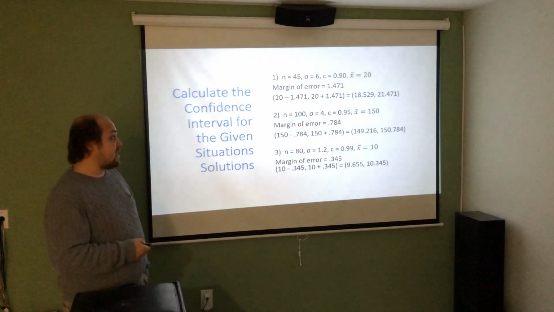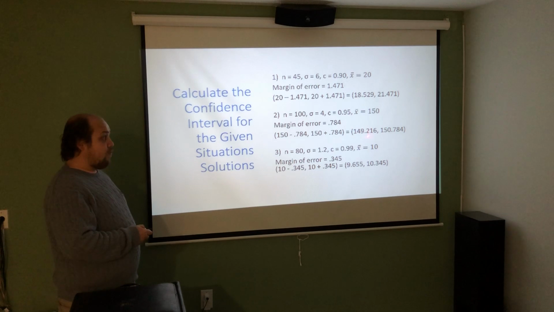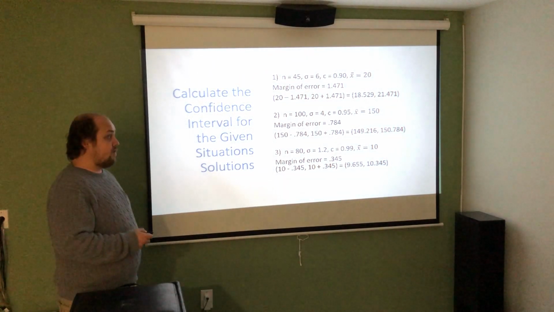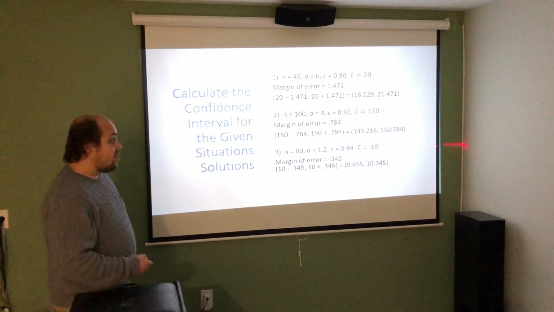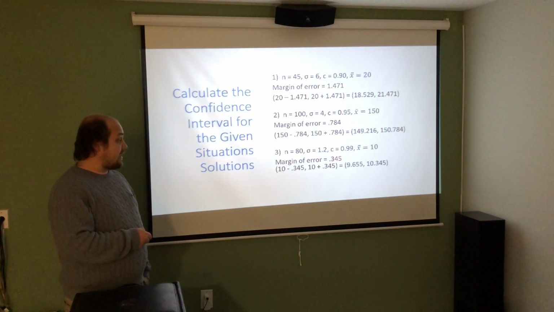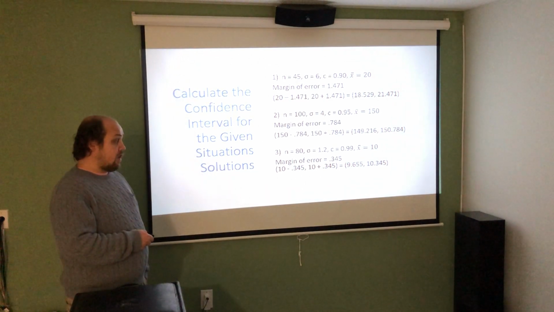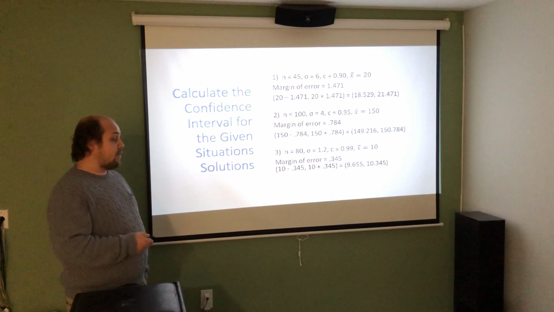We're 95% sure the true population value lies between 149.216 and 150.784. For the final situation, we take the mean of 10, we add and subtract the margin of error of 0.345. That's how we get to a lower bound of 9.655 and an upper bound of 10.345.